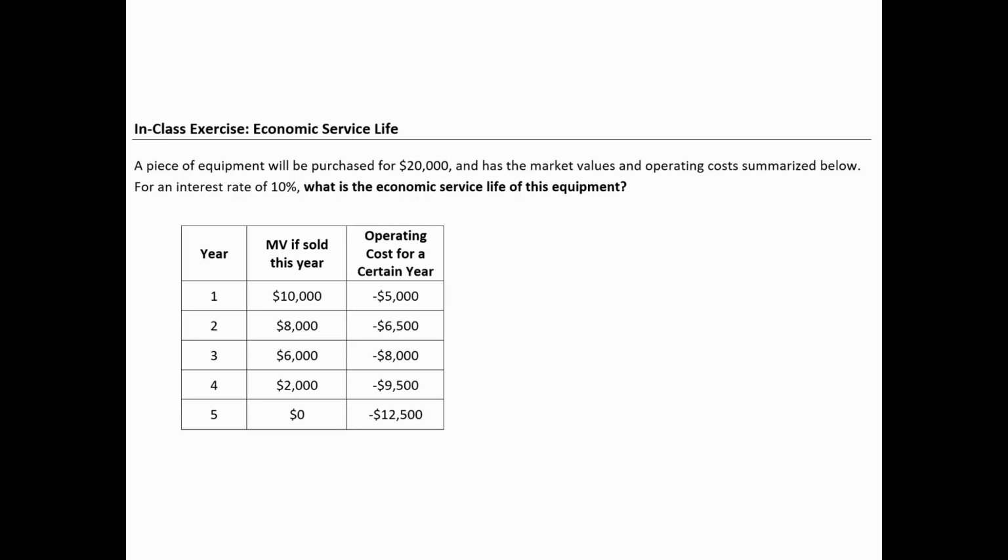If you sell it at the end of the second year, you'll get $8,000, and so on and so forth. So that's what we're talking about with this MV column. The operating costs follow that trend that we'd expect, that the longer you keep it, the higher the operating costs go. But what we want to do is find the economic service life.